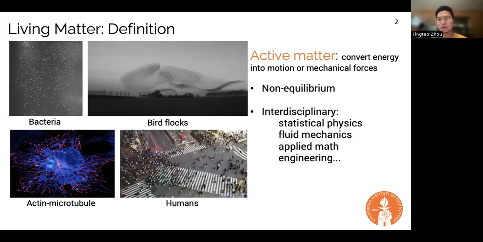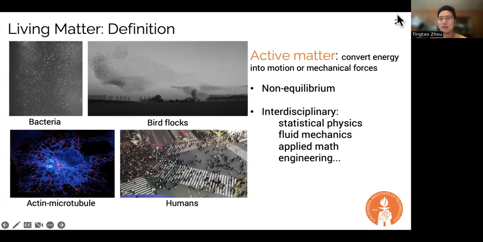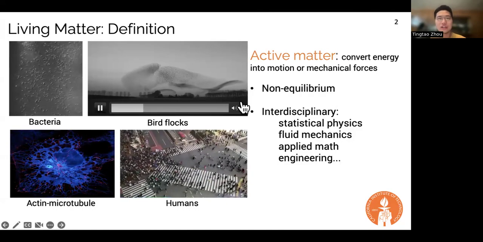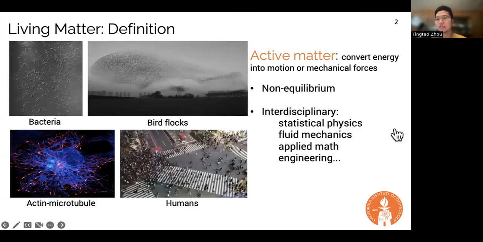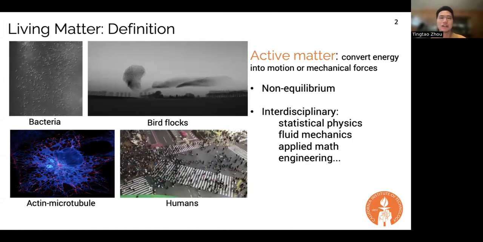So basically, you can consider anything that converts chemical or internal energy into motion or mechanical force. You can think of that as active matter, right?